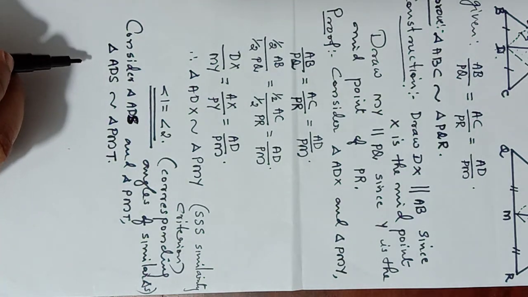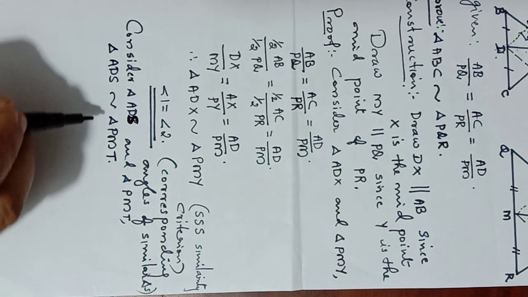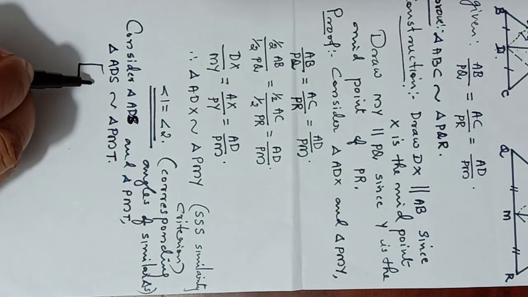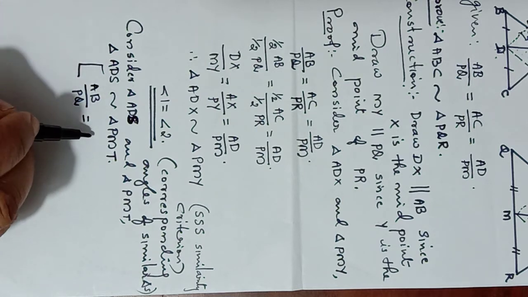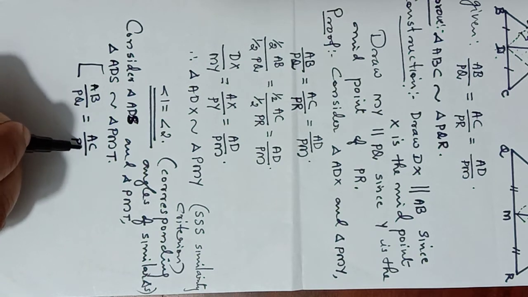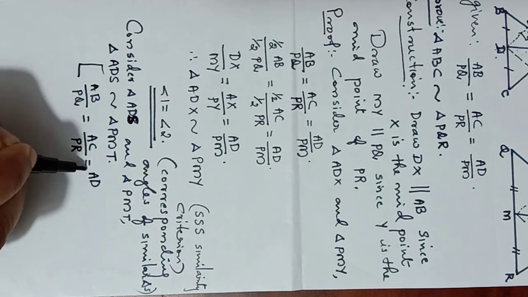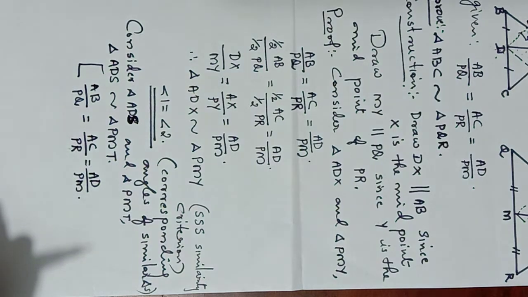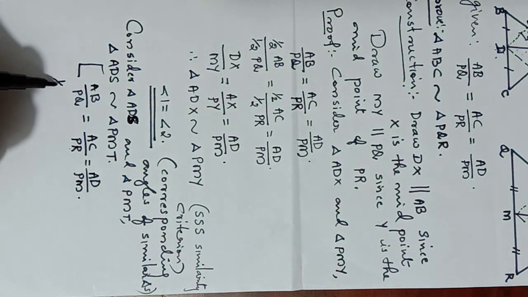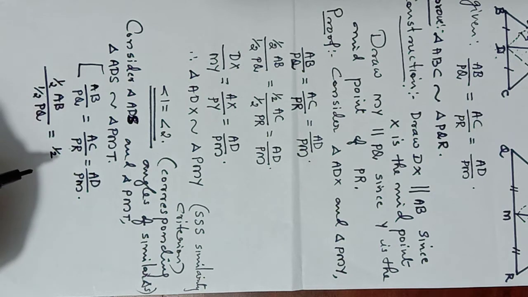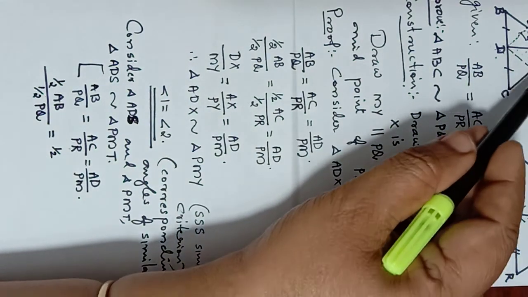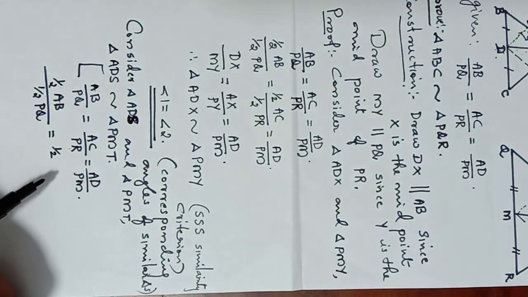If you want step, no problem. You have to consider it as reason I'll write here. Already given with AB by PQ equal to AC by PR equal to AD by PM. Okay, half of AB I have to take, half of AB by half of PQ. Then we have to consider AD by PM already given to us.